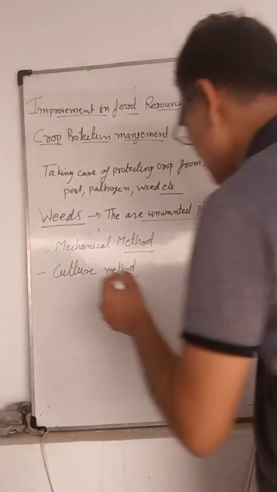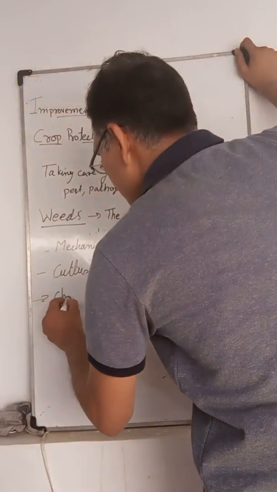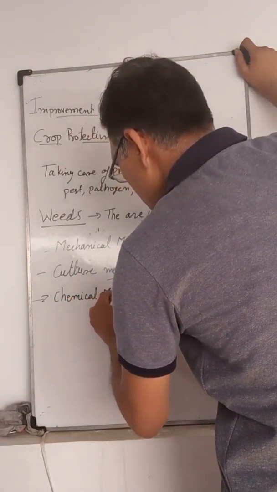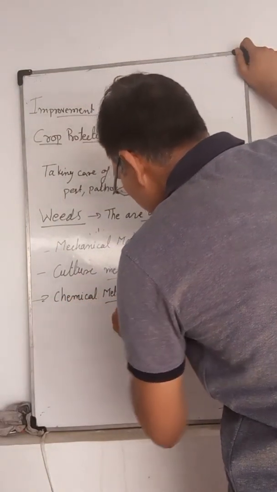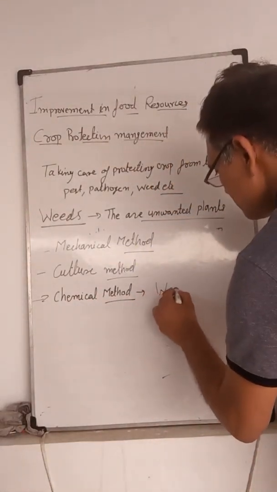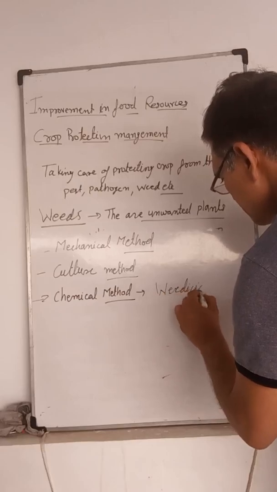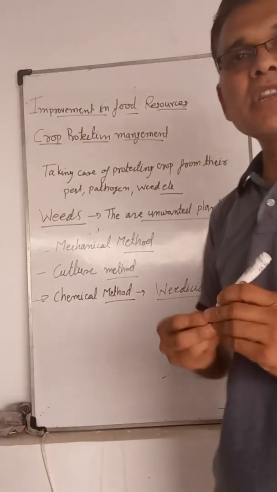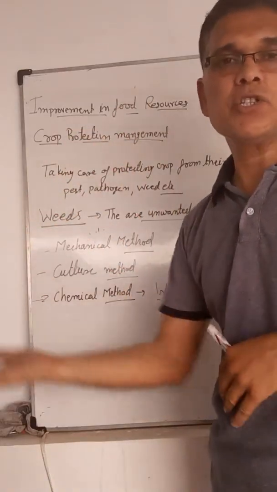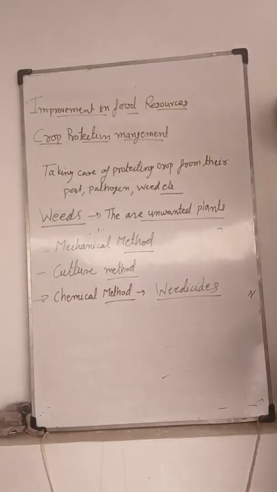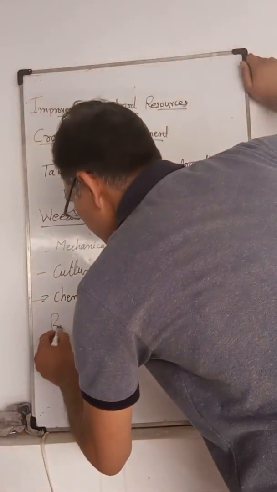Third one is chemical methods, by applying weedicides. These are chemicals which are sprayed on the weeds and destroy them.